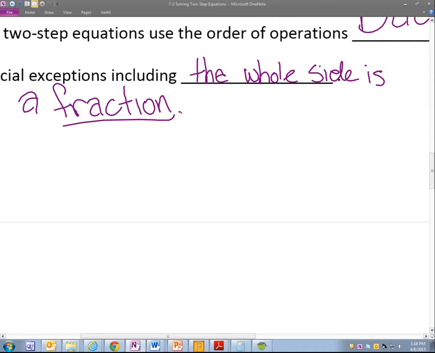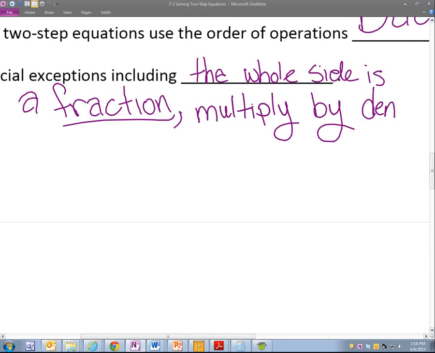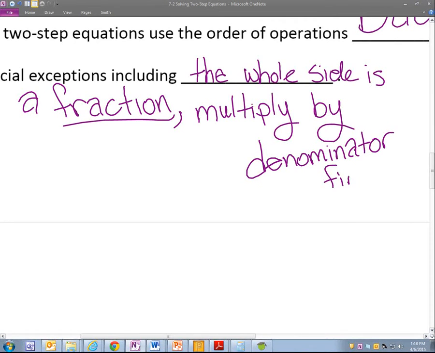In that case, multiply by the denominator. It's just information that's written in your notes, so you should keep that in mind anyway. So when it's with a fraction, you multiply by the denominator first. Or when it's a fraction, you multiply first.